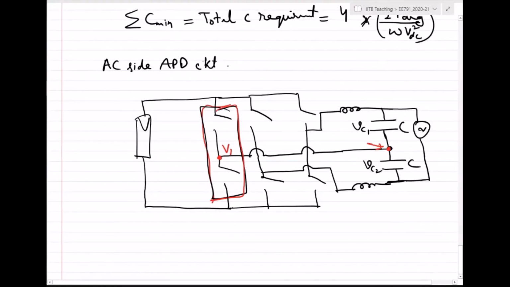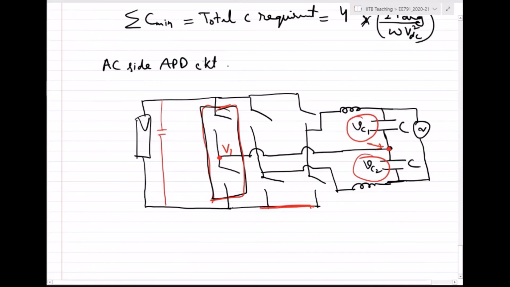The average value of V1 is what appears at this node with respect to the negative DC bus. And by modulating this third leg, I can manipulate the voltages VC1 and VC2 in this circuit, and I can still achieve active power decoupling, so that I only require very small capacitance here just to absorb the high frequency and nothing else.